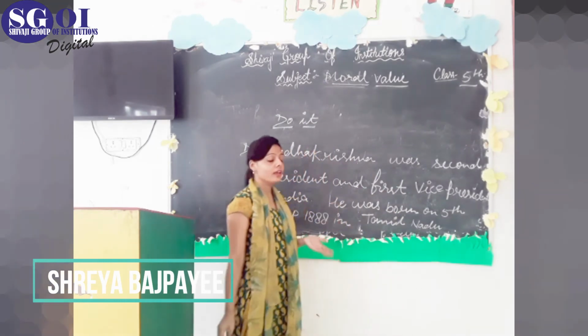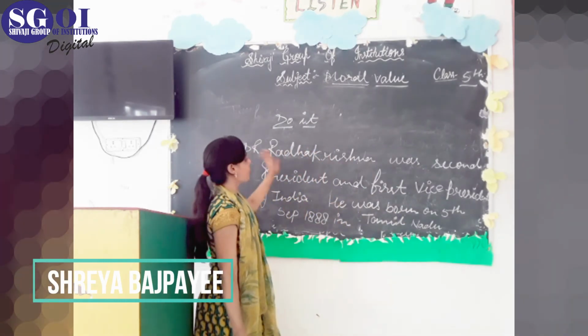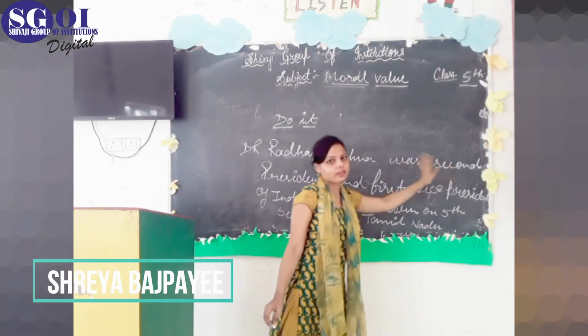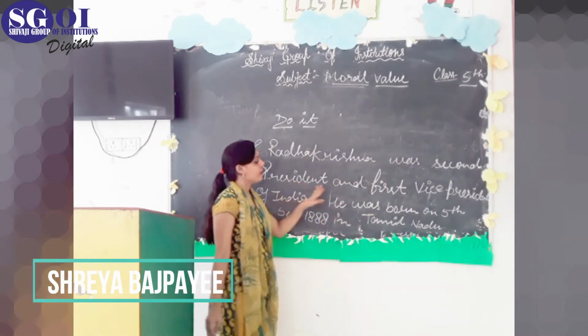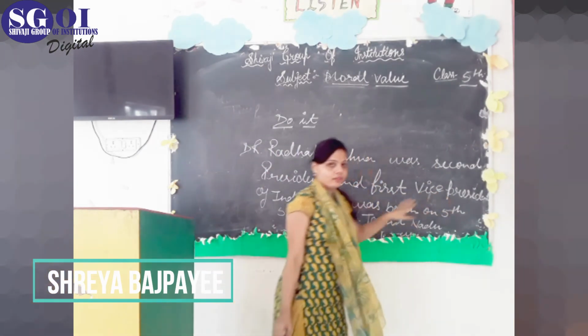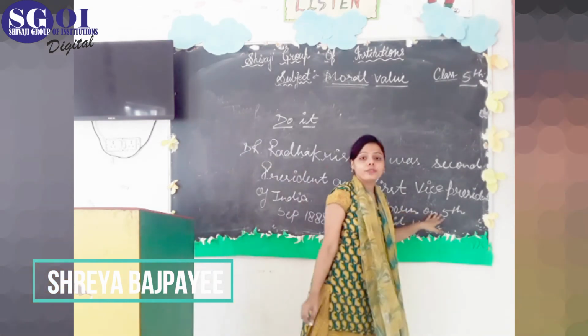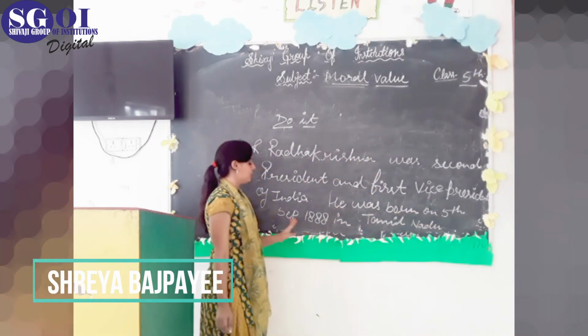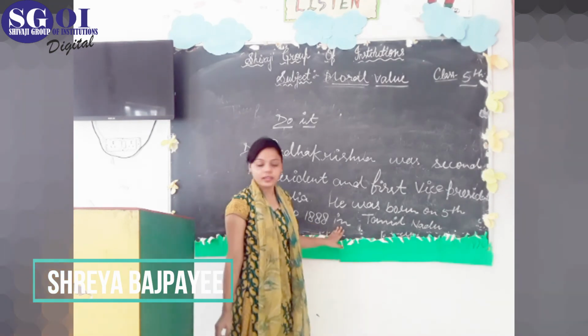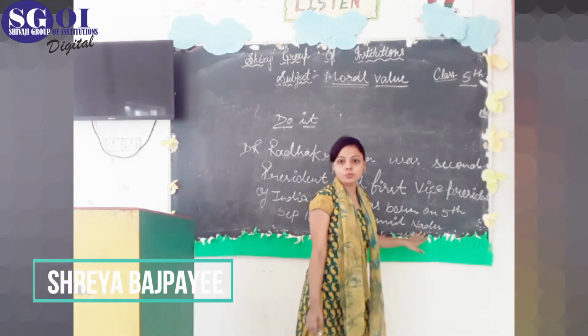Okay, once again I am repeating these lines. Dr. Radhakrishna was the second president and first vice president of India, and he was born on 5th September 1888 in Tamil Nadu.